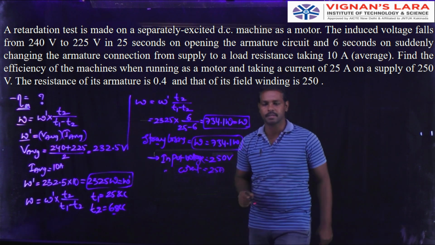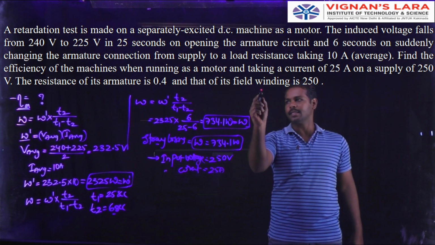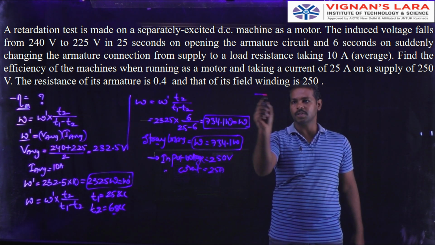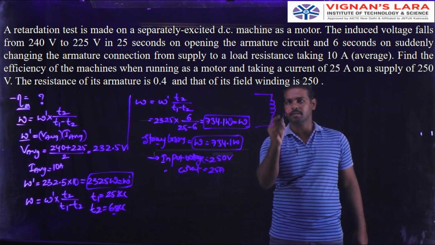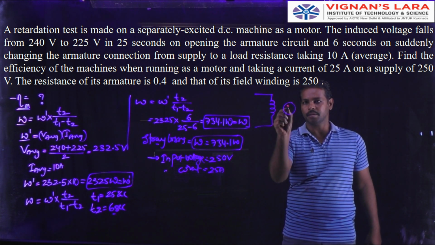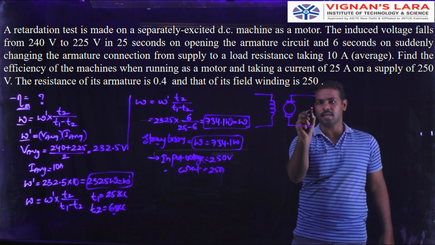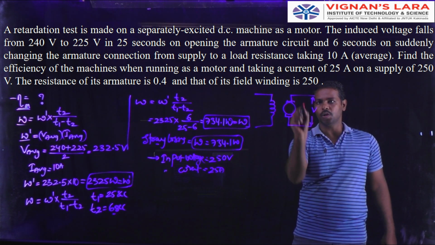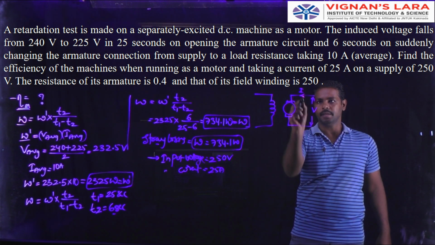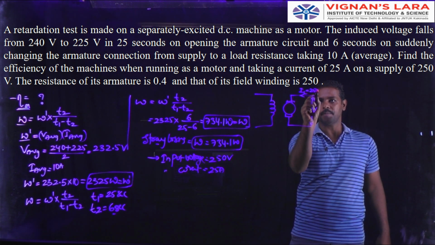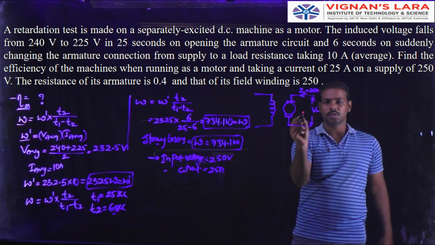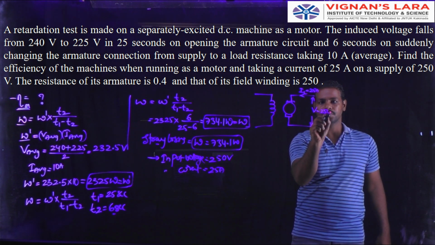In a separately excited DC machine, the field winding and the armature are connected across the supply, so the supply voltage is 250 volts.